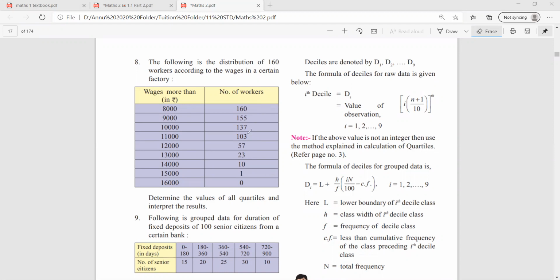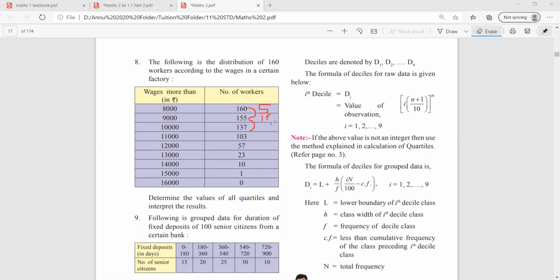As it is falling continuously, we will subtract from the highest number. 160 minus 155 will give you 5 over here. Similarly, you will subtract 155 minus 137. So over here you will be getting 18. Okay.